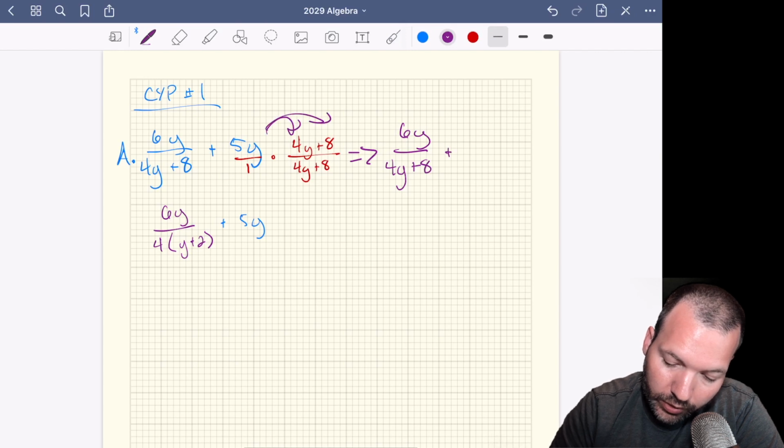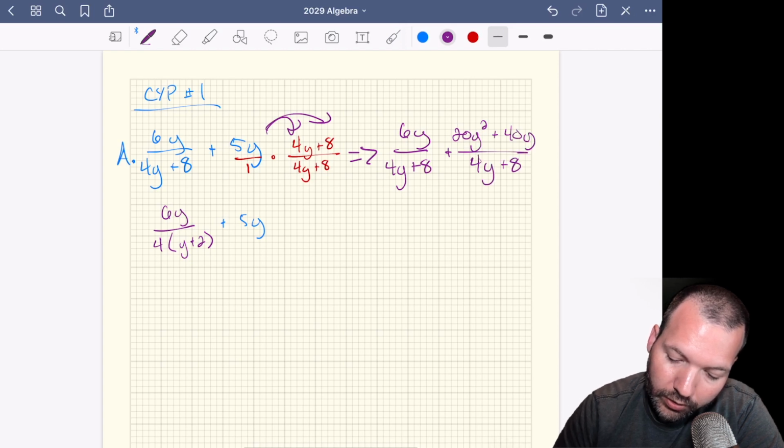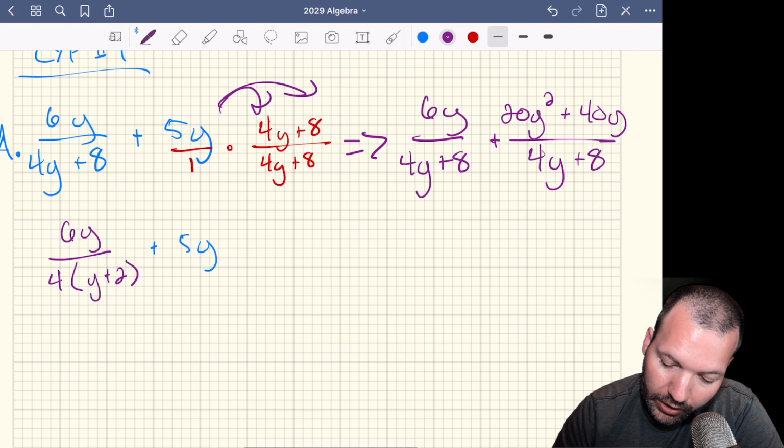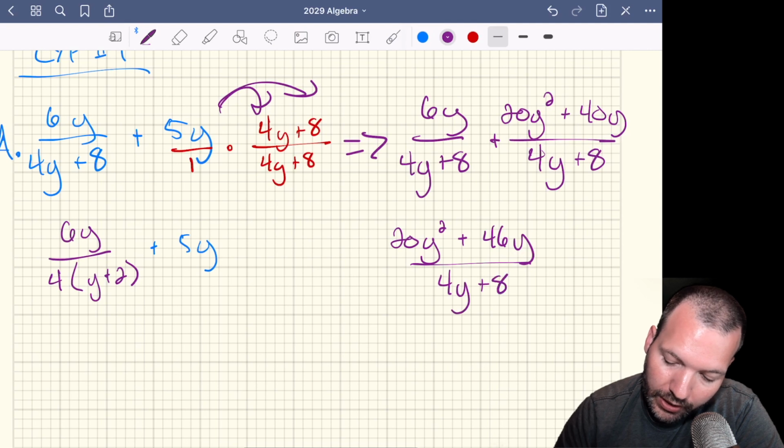And then here, of course, we end up with some distribution, 20y squared plus 40y, and it's all over 4y plus 8, the common denominator. When we combine everything and list it by descending powers of y, we get 20y squared plus 46y, all over 4y plus 8.